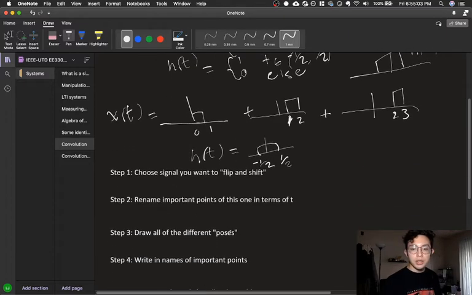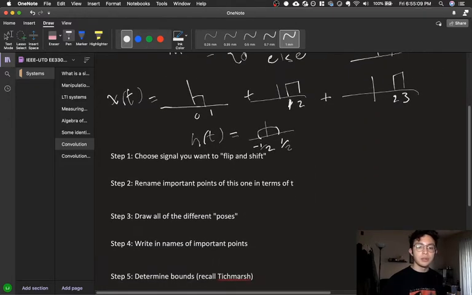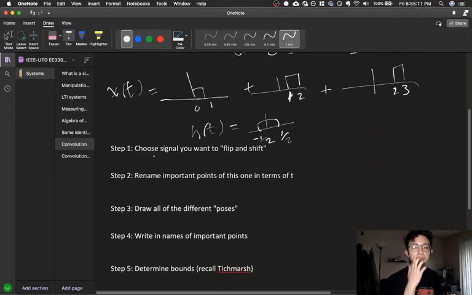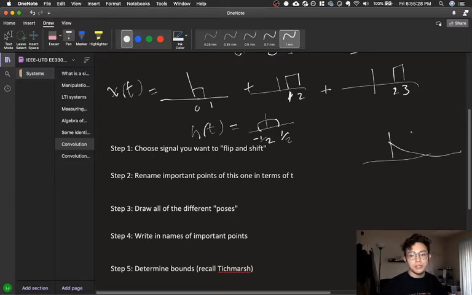Right. So what you want to do first is choose the signal that you want to flip and shift. You'll typically want to choose the signal that's easiest. You'll want to try not to use the one that has an infinite support, like the step function or some decaying exponential.